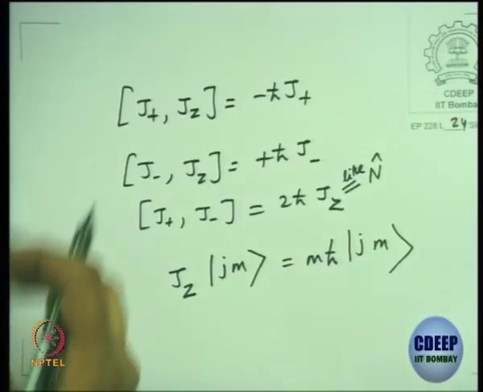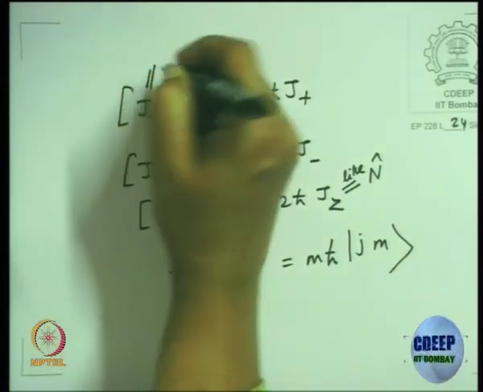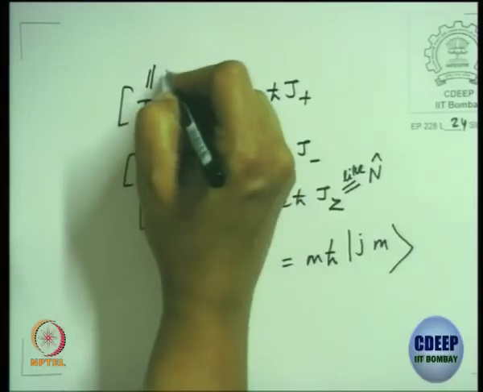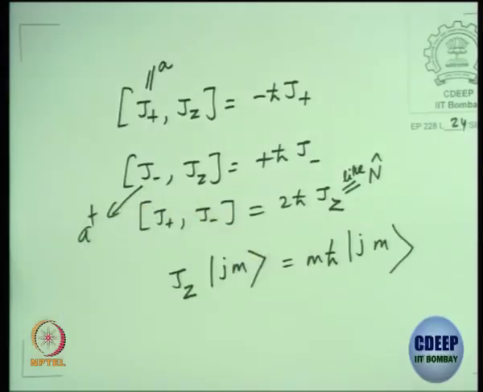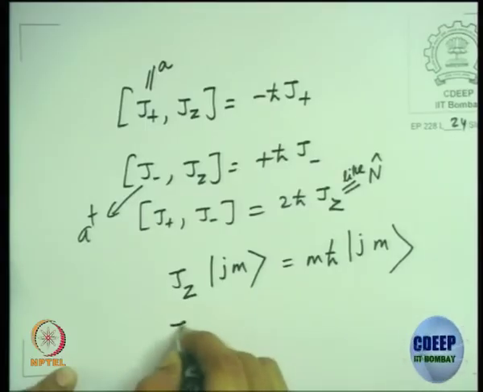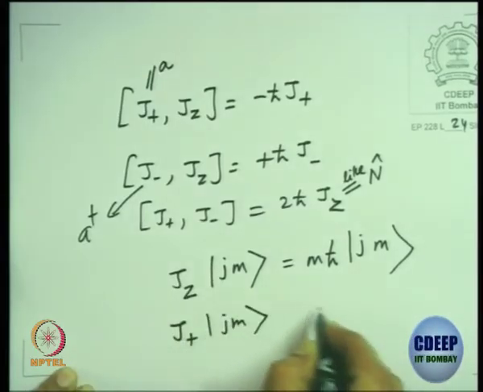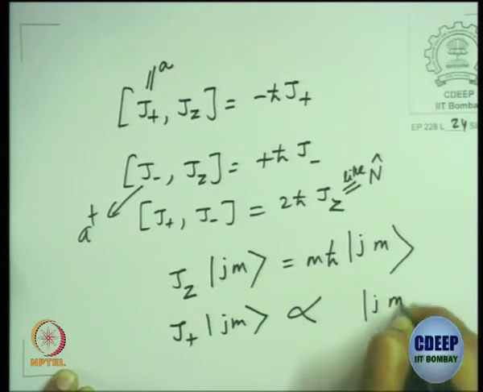Then what does it tell us? J plus and J minus are like your A and A dagger, one of them will be A and the other A dagger, or the other way around. This algebra will tell you what happens when J plus acts on Jm. If you remember, when we did the oscillator, we argued how A acts on n. I don't know whether this is m minus 1 or m plus 1.